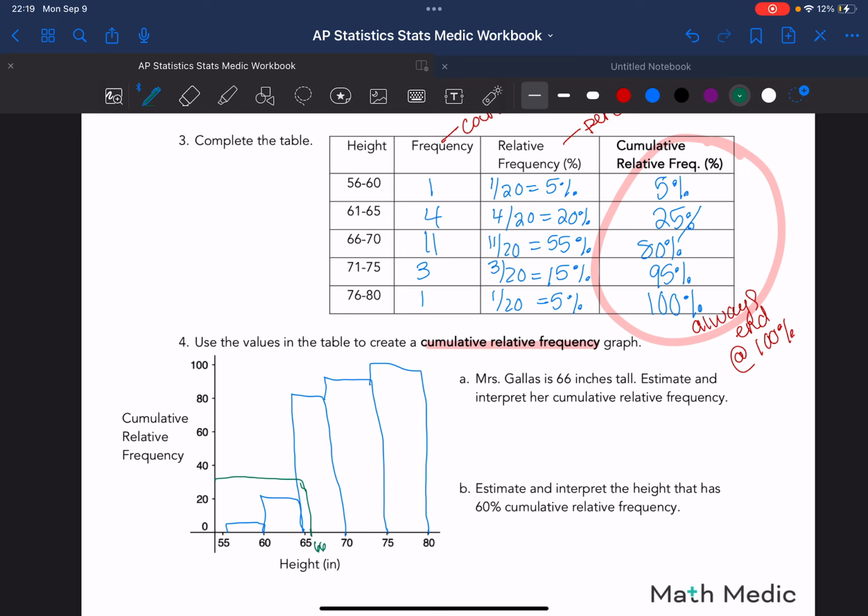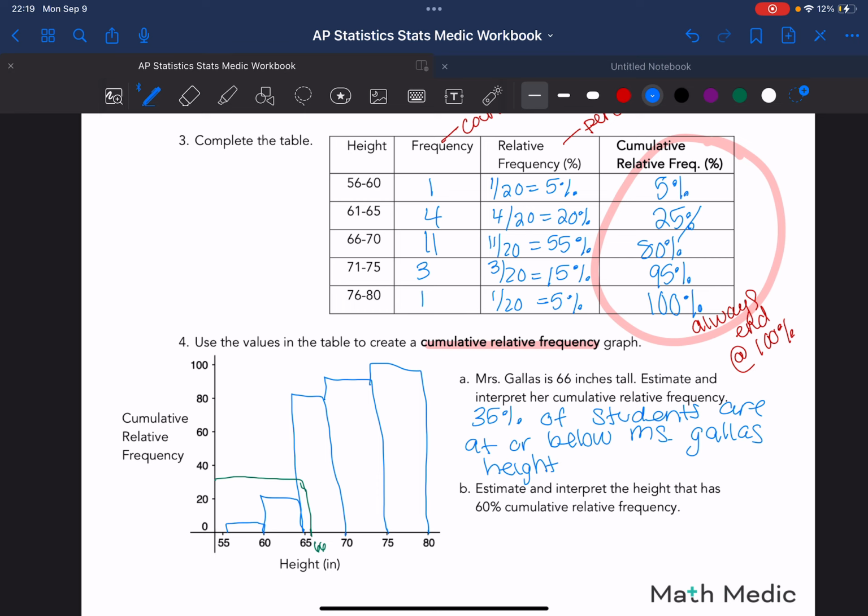So to estimate, we could say that about, let's say 35%, about 35% of students are at or below Miss Gaia's height. Okay.